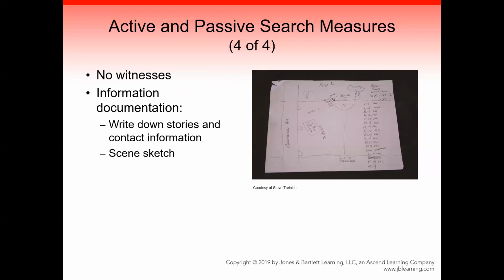And you may simply have no witnesses. Any type of information that you have, you need to document. Write down any type of stories, any type of contact information. And it's always a great idea to do a simple scene sketch of what you had when you got there.